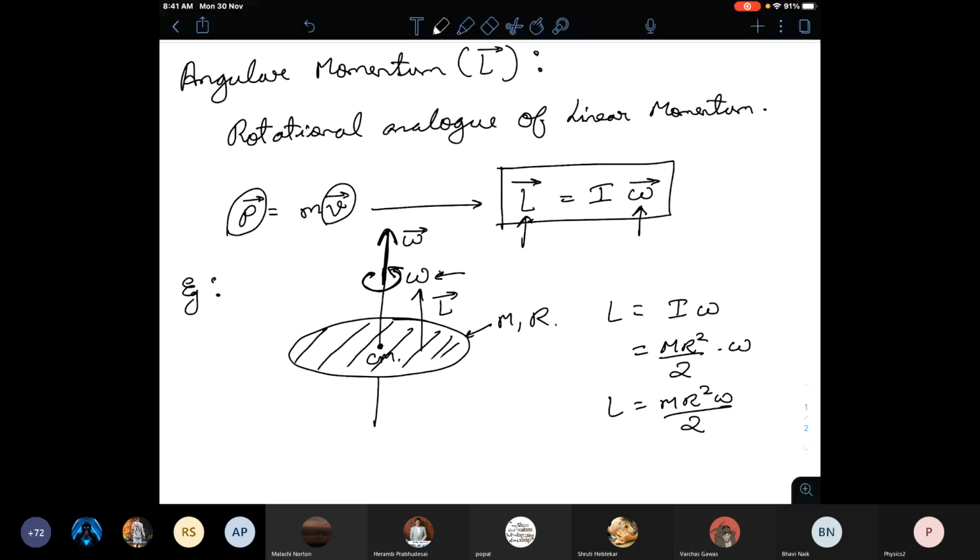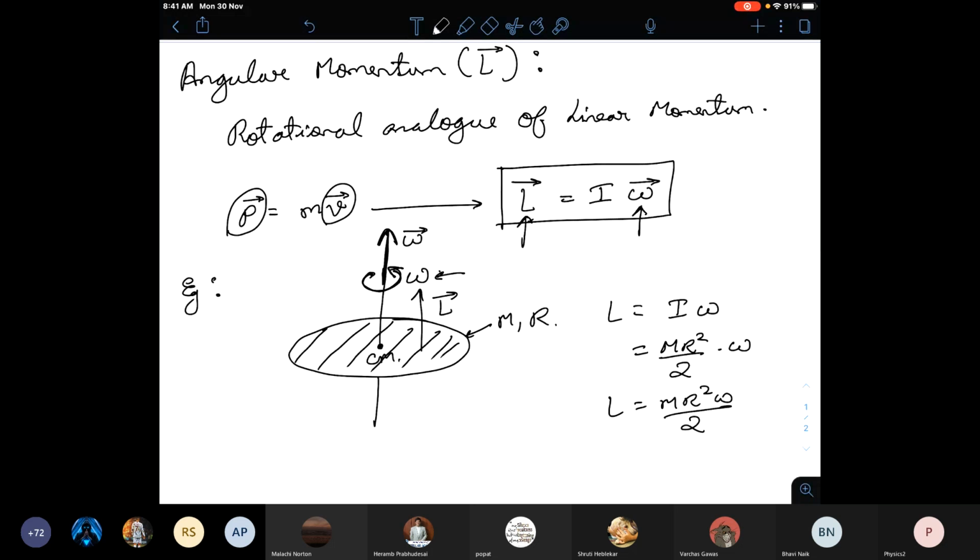In linear motion, rate of change of momentum creates force. So in rotational motion also, rate of change of angular momentum will create angular force, rotational force. That rotational force is called torque. We will see that after this also.